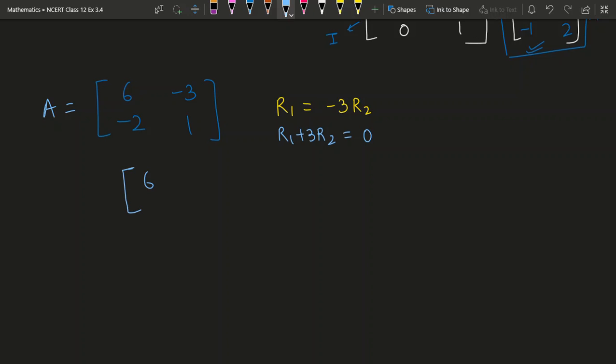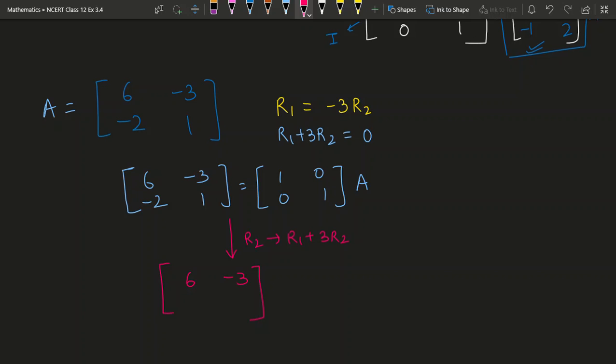So A equals I times A. Now if you perform the row operation R2 going to R1 plus 3R2, then you have 6 negative 3. R1 still remains the same. However, in the case of R2, you get all zeros, since we just saw that.